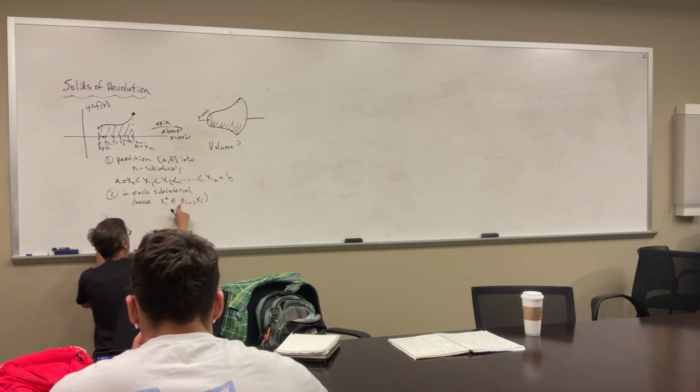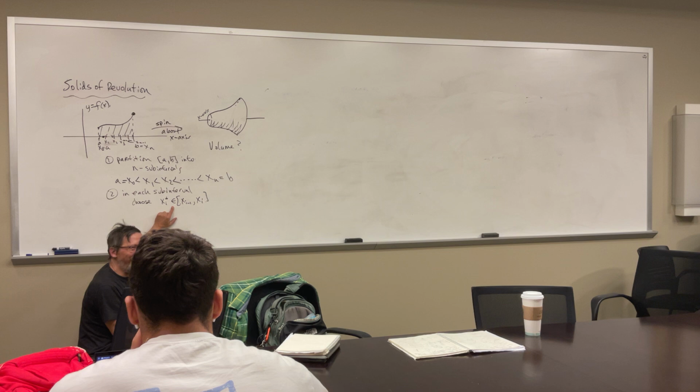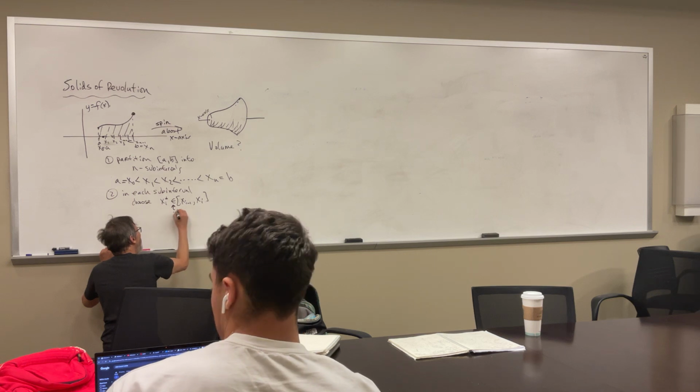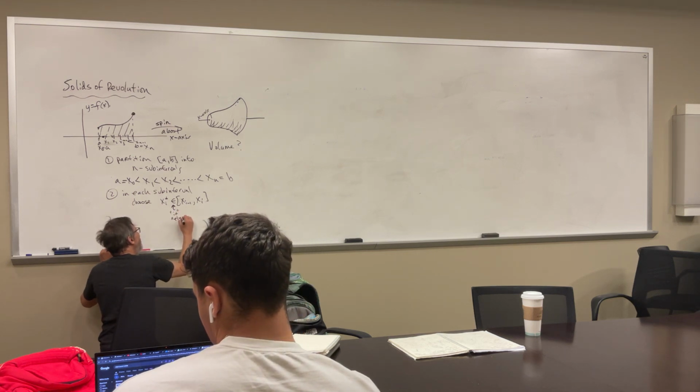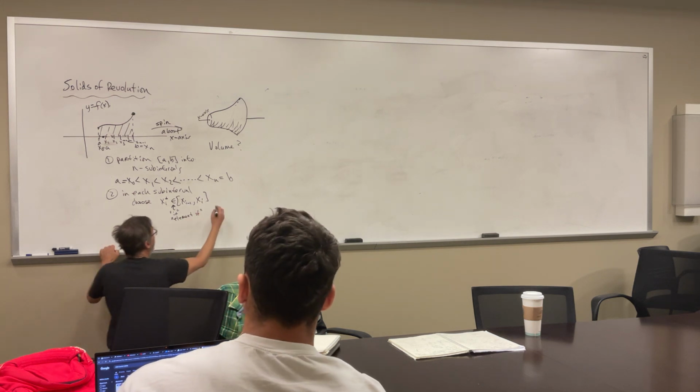No, actually, it could be closed as well. Could be one of the endpoints. Let me stop. Have we talked about this? This just means in, or element of. And I'm talking about the little closed intervals.